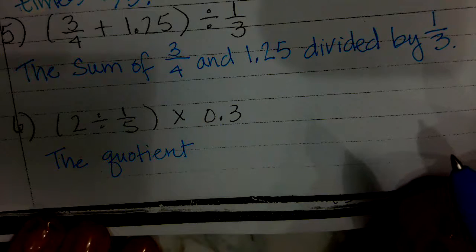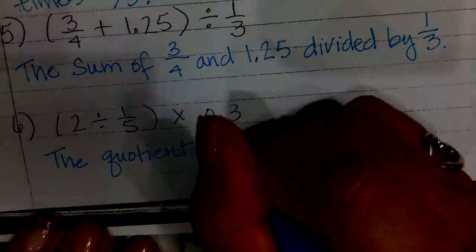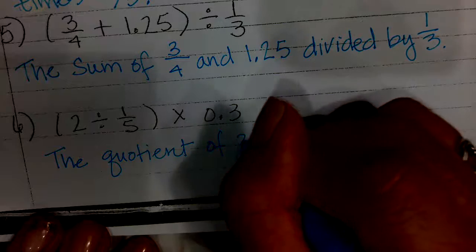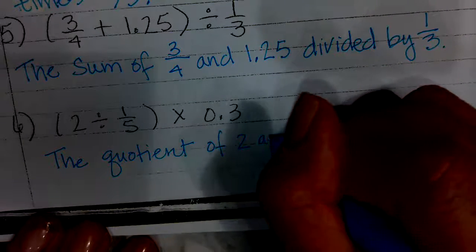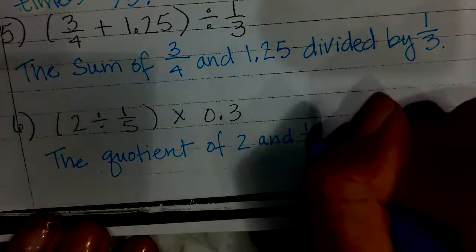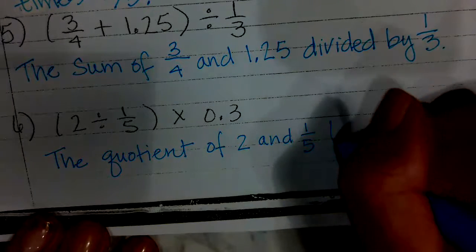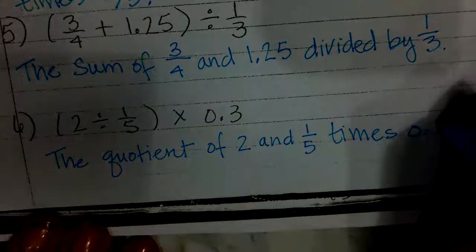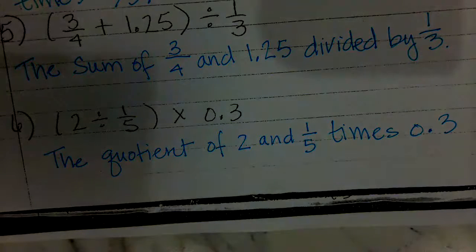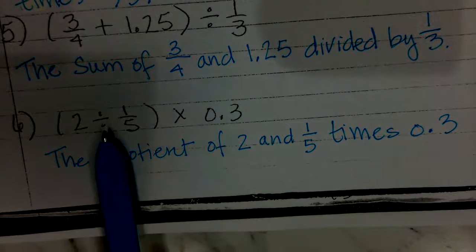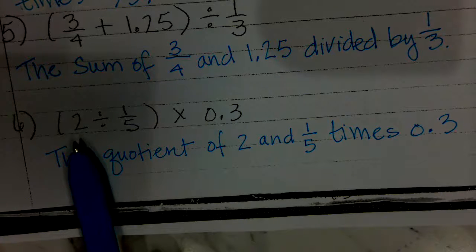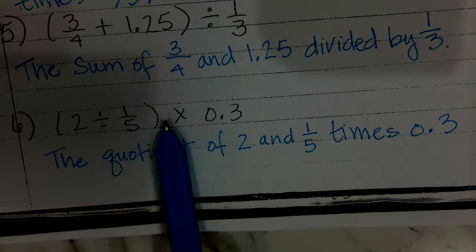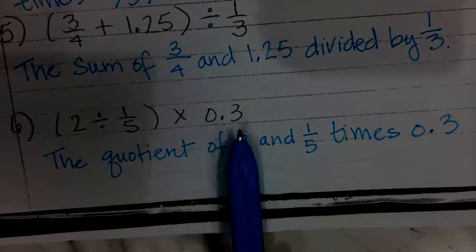The quotient of 2 and 1/5 times 0.3. So the quotient means the answer. So the answer from here is multiplied by 0.3.